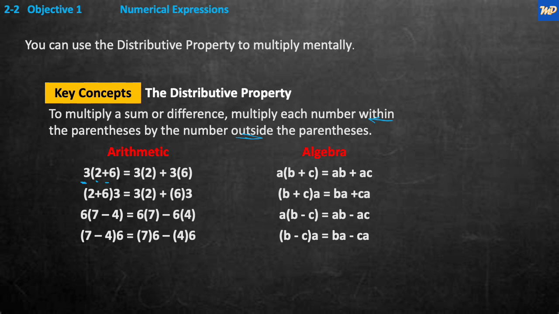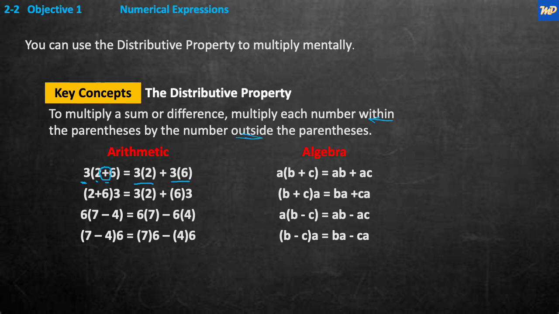So 3 times 2, and plus 3 times 6. If that were negative, it would be 3 times 2 minus 3 times 6. That's how you break it apart and look at these numbers.